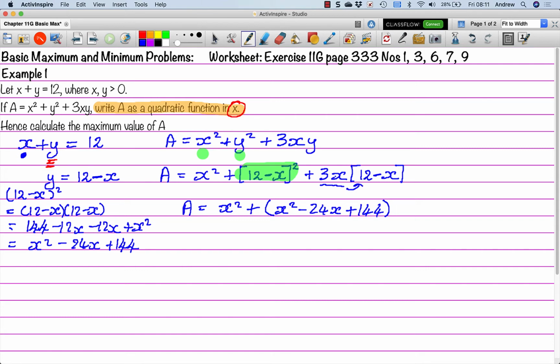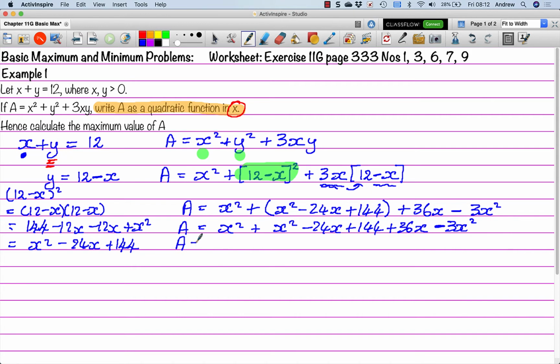3x on 12 is plus 36x, and 3x on minus x is minus 3x squared. So tidy up the line, so we've got x squared plus x squared minus 24x plus 144 plus 36x minus 3x squared.